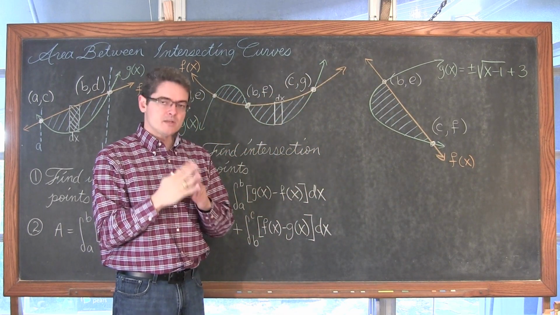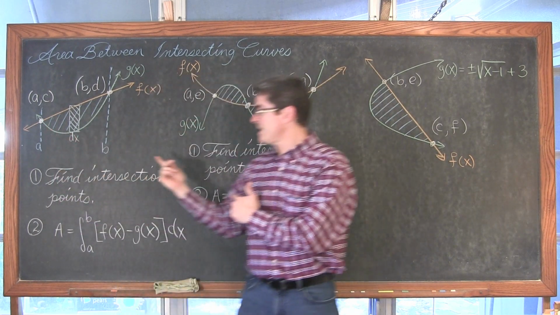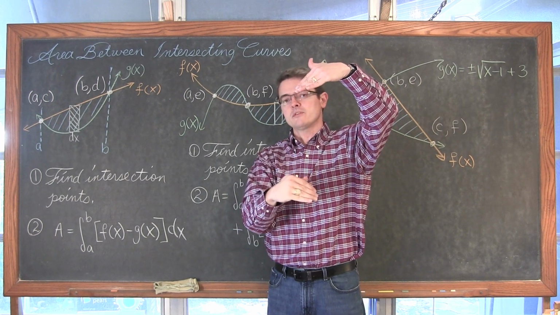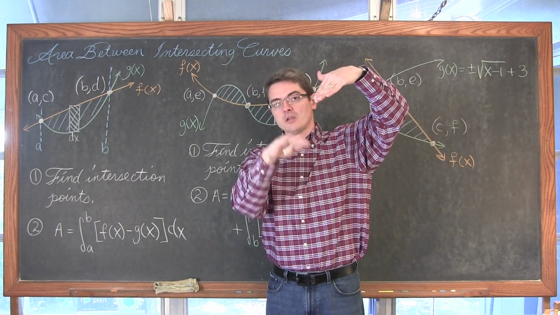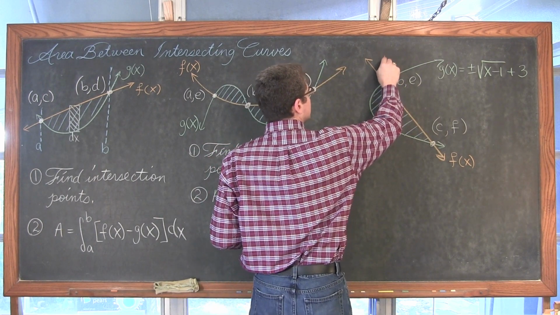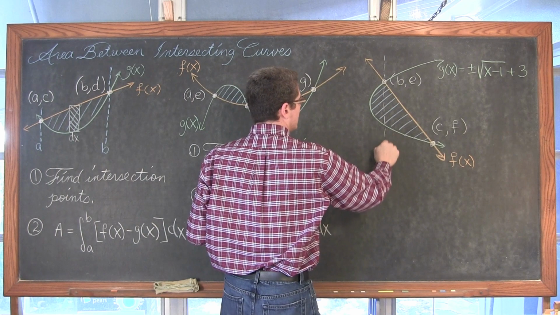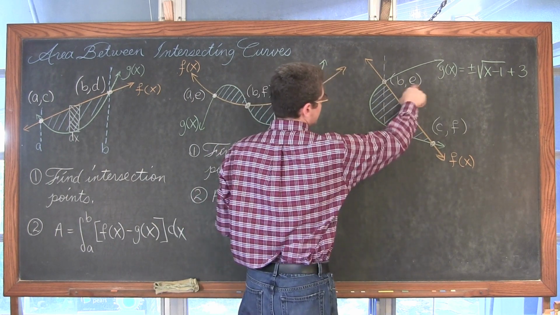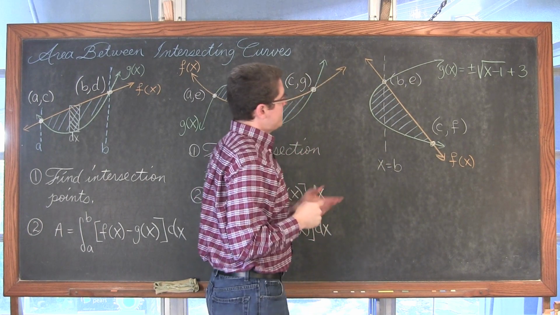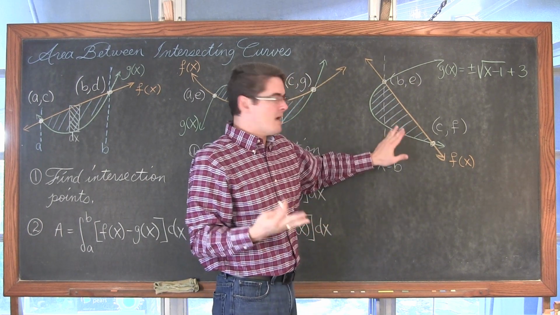In this previous page and these first two examples, we found the function that was on top, the greater than function, and subtracted it with the function that was lower or less than, right? Well, if I come down here and draw a vertical line, x equals b, then this side's pretty obvious.